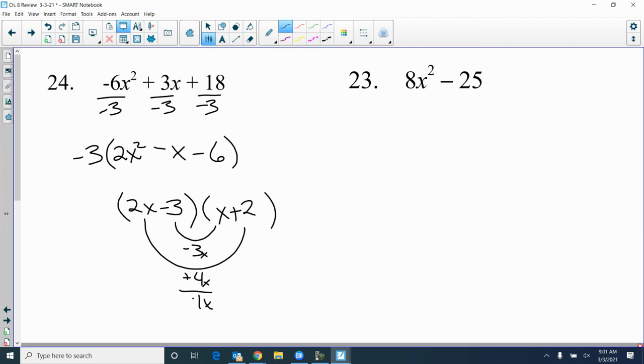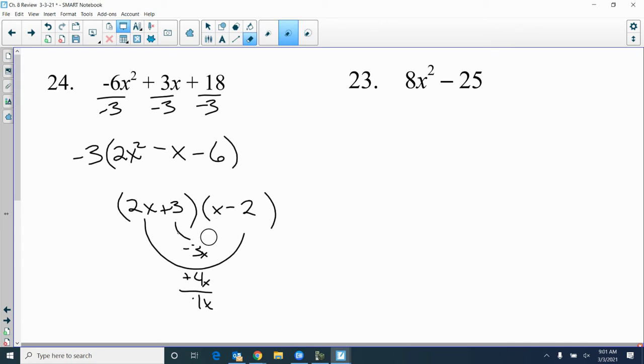I want -x. So again, remember what happens here if I get just the wrong symbol? What do I need to do? I just need to change the signs. So I'm going to end up here with +3 and then x minus 2.